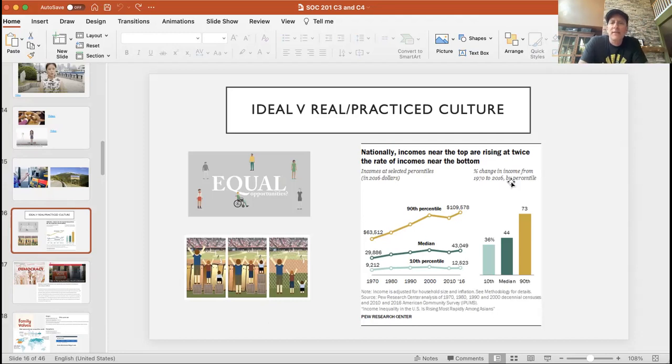We can think about something like this. Incomes are rising at the top. If you look over a course of time, the bottom 10% has remained relatively stagnant. And the cost of living in terms of housing, transportation, higher education, all those different things have changed.